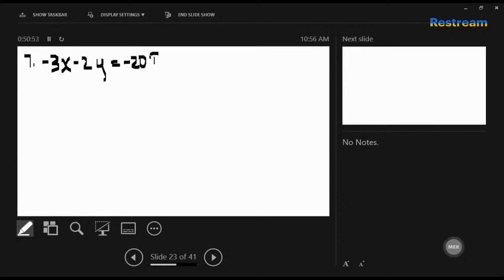And I like to number my equations so that when I'm writing, I can let the examiner know I'm working with equation 1, I'm working with equation 2, because you need to communicate with the examiner. Let him or her know what it is you're doing.